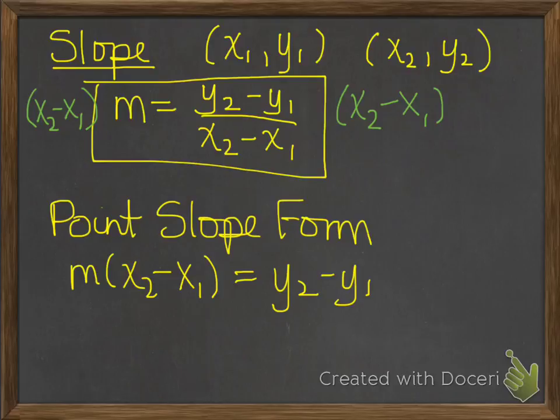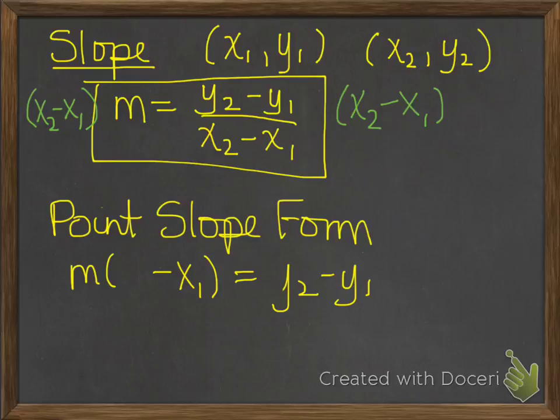Okay, so now we're getting close to point slope form, but x1, y1, x2, y2, those are points on the line. So they're numbers that we know. But what I want to do now is replace one of those with variables.